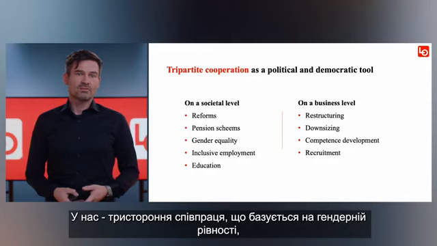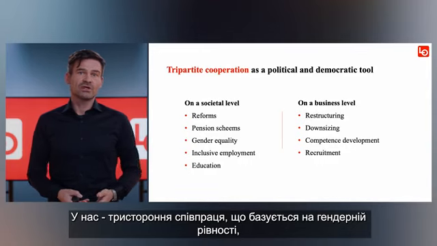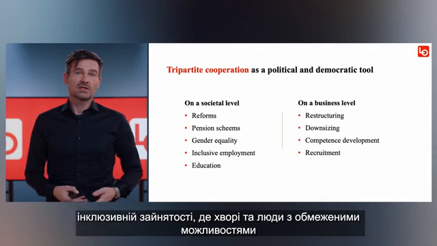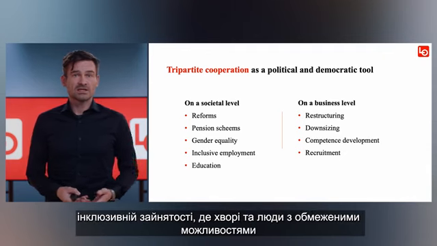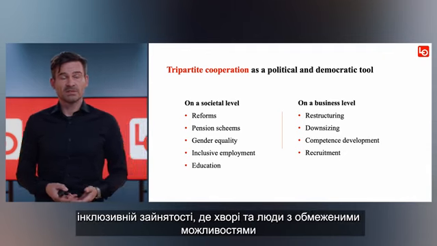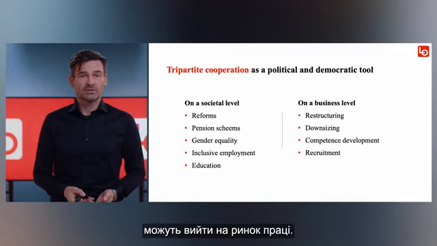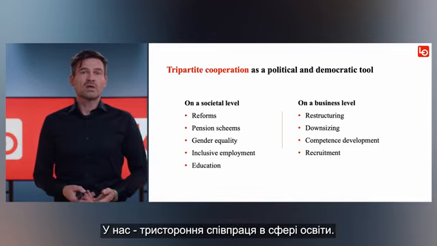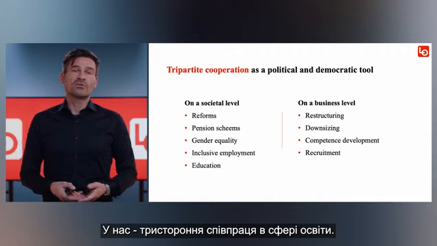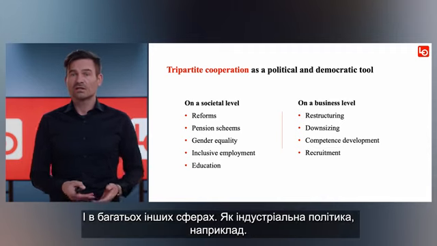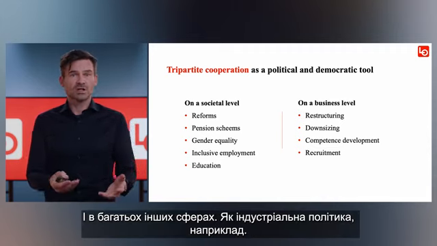We have a tripartite cooperation on gender equality, inclusive employment where sick people and people with disabilities can enter the labor market. And we have a tripartite cooperation on education and a lot of other issues, industrial policies, for example.